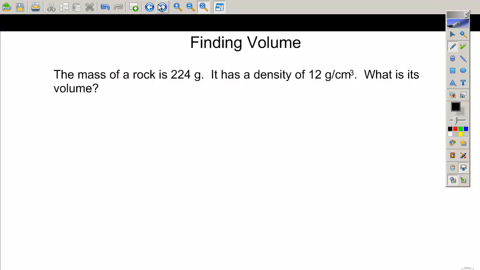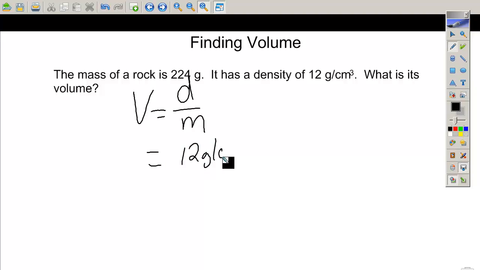Next, finding the volume. Finding the volume requires you to take the density and divide it by the mass. So in our problem here, the mass of a rock is 224 grams. It has a density of 12 grams per cubic centimeter. What is its volume? So again, first step, write the formula. Volume equals density divided by mass. Density is 12 grams per cubic centimeter. And we need to divide that by the mass, which is 224 grams.